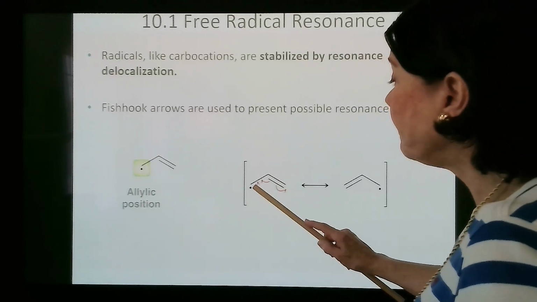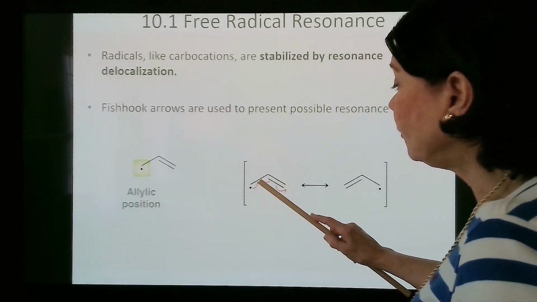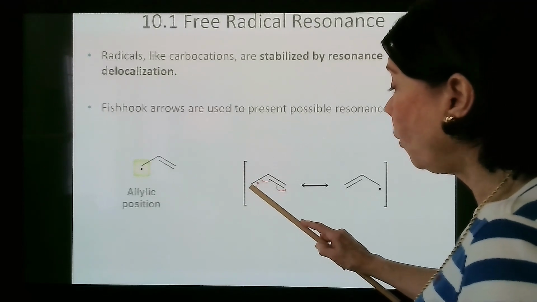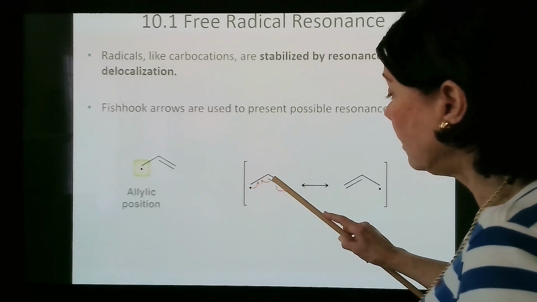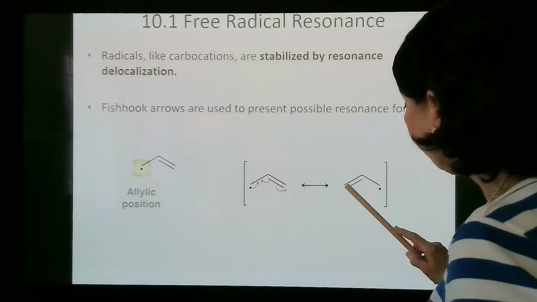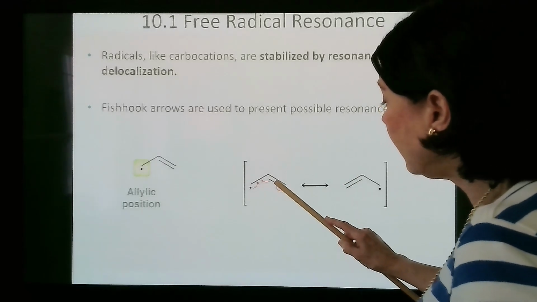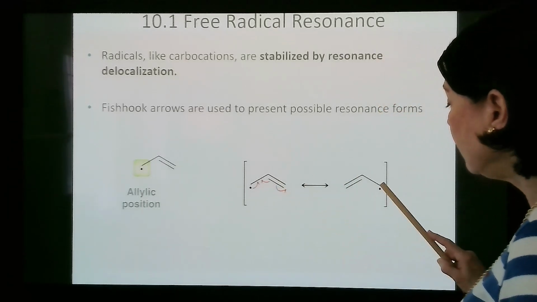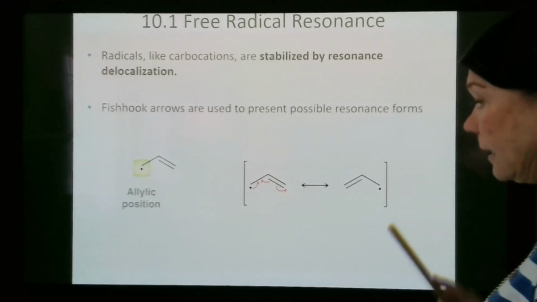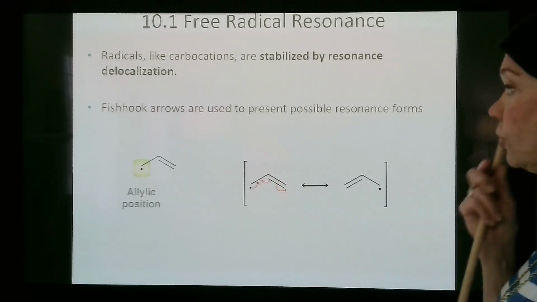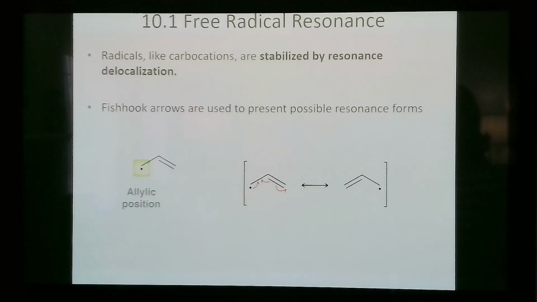You can do that by using these single barbed arrows, showing one electron from this pi bond moving in to form your new pi bond. The other electron from that pi bond moves out to give you the unpaired electron. So you have to use the single barbed arrows to show that.